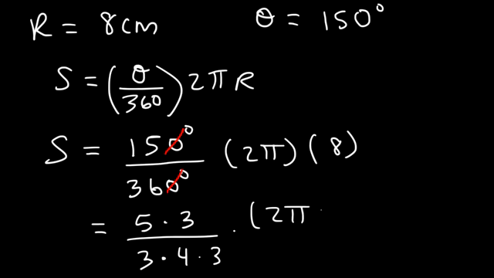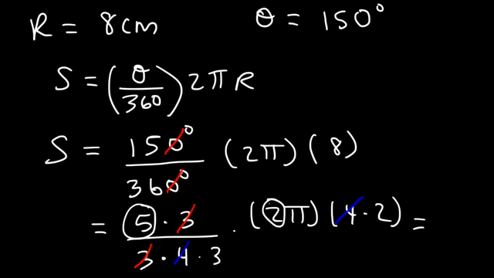And 8, I want to write that as 4 times 2, just to do some canceling. So I can cancel a 3, and I can cancel a 4, and that's about it. So now let's multiply. 5 times 2 is 10, times 2 is 20. So I have 20 pi, and on the bottom, a 3.